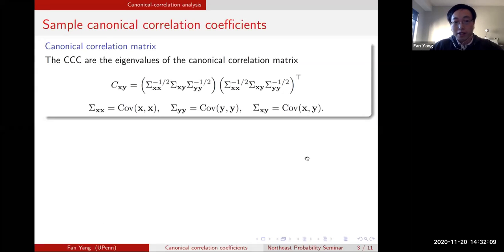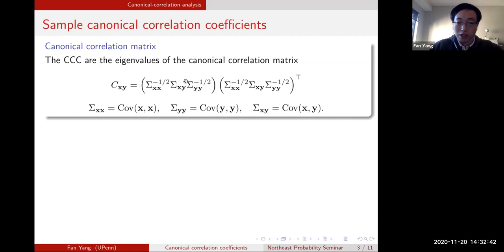All the previous definitions are very lengthy, but there is a very clear representation of the canonical correlation coefficients. The CCCs are essentially the singular values of the following matrix, which is quite intuitive because Sigma_XY is the cross covariance between the two random vectors, while Sigma_XX and Sigma_YY are the covariance matrices for X and Y respectively.